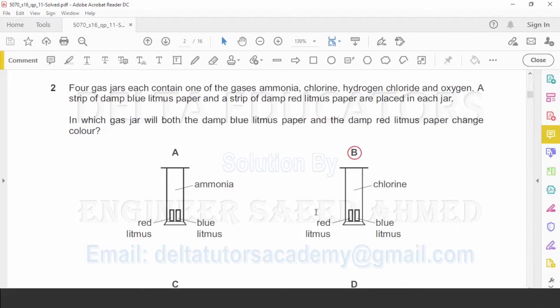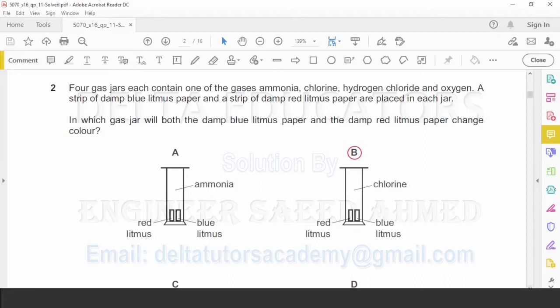It will be whitish. It will lose its color because of the bleaching property of chlorine. So here chlorine will change the color of both red and blue litmus paper. Both will turn to whitish color. So here the correct option is option B.